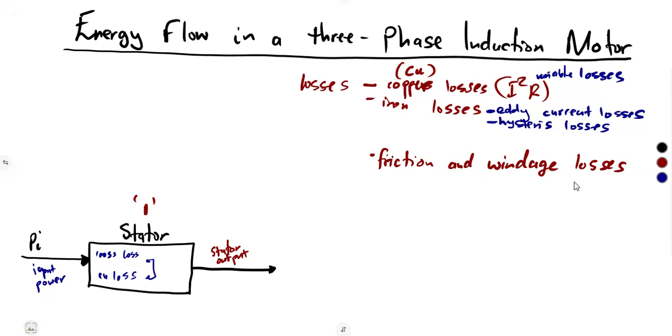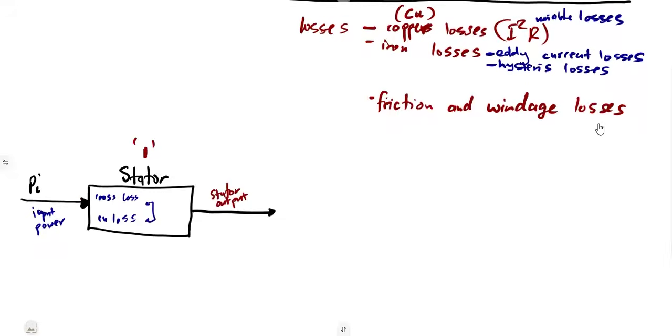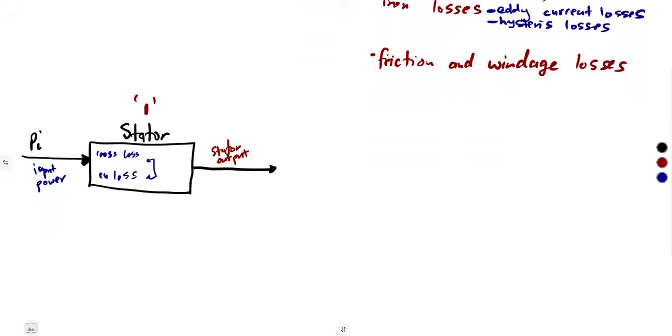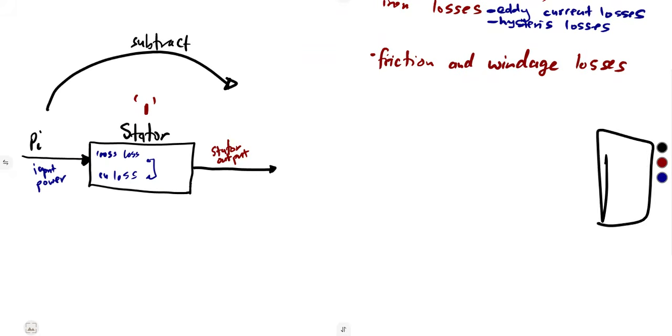A loss, guys, means we are subtracting, we are removing. Whenever there's a loss, as we are moving from this input power going there, we are going to be subtracting the losses. The input power is always bigger than what we are going to have at the output.